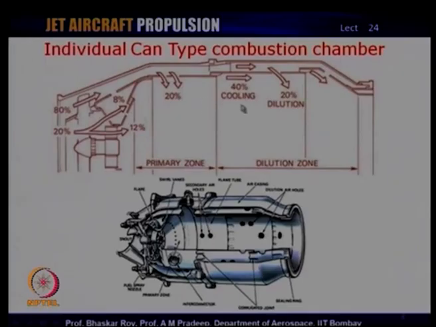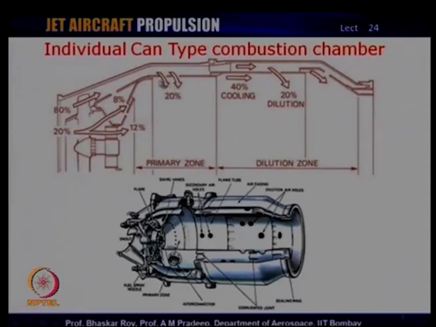So, the amount of cooling that needs to be done is dependent on the turbine material and the turbine design, because in the primary zone the temperature that is often achieved is in excess of 2500 degrees centigrade. Now, that is the kind of temperature which is not allowed to be delivered to the turbine.